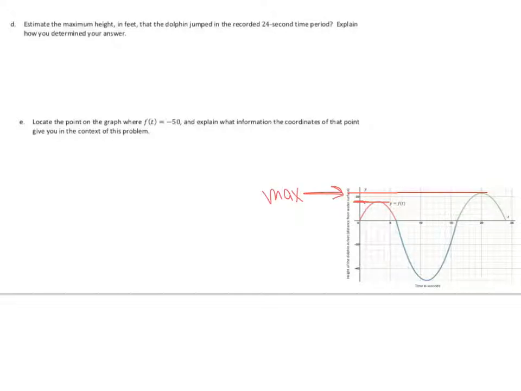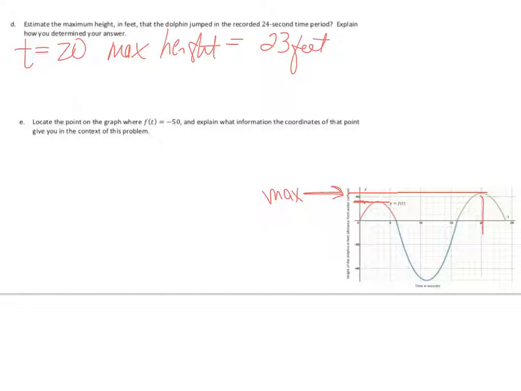So if I read that on a bigger scale, it looks like at about 20 seconds, the maximum height is approximately 23 feet. So we can say the vertex of that piece of the parabola is 20, 23.